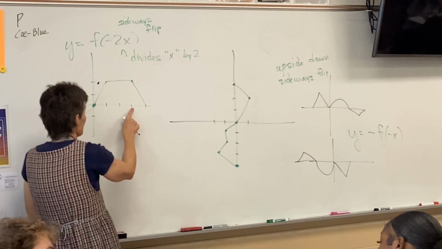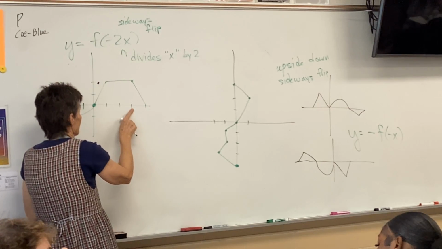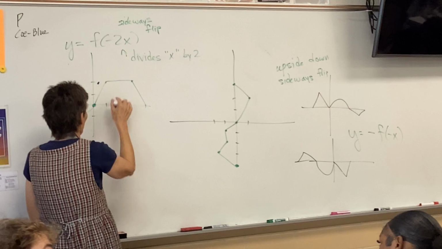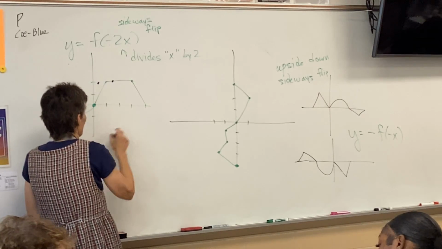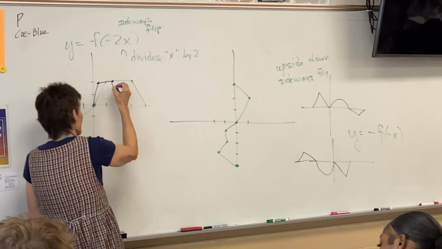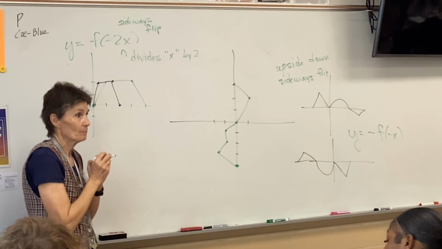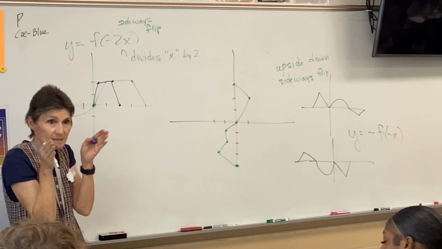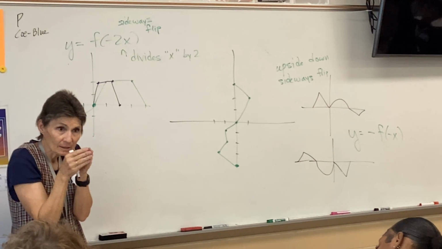What's this x right here? 3, so it's going to become 1 1/2. And that x is 4, so it becomes 2. There is my skinny trapezoid. Took all the x's and divided them by 2.